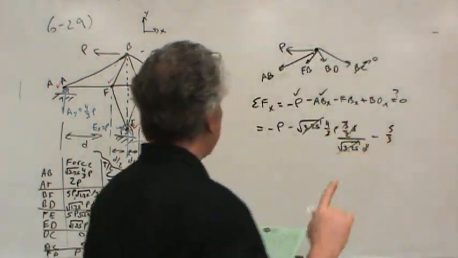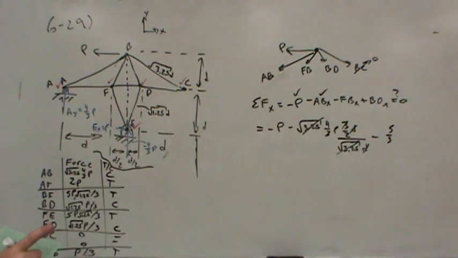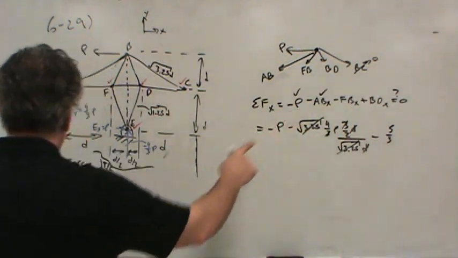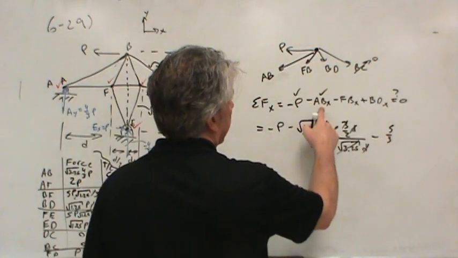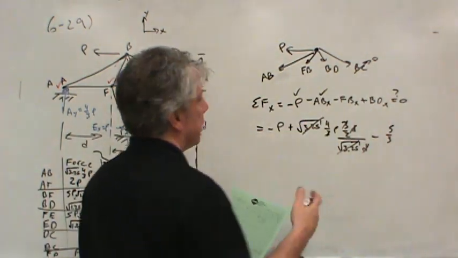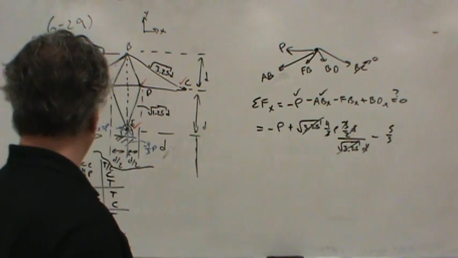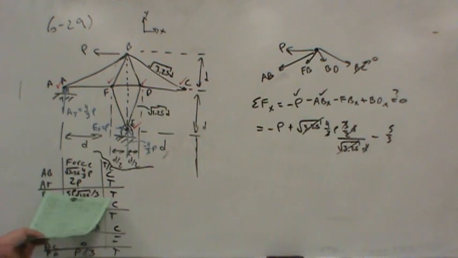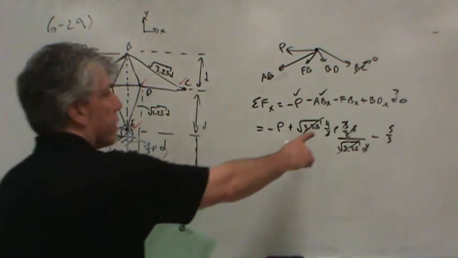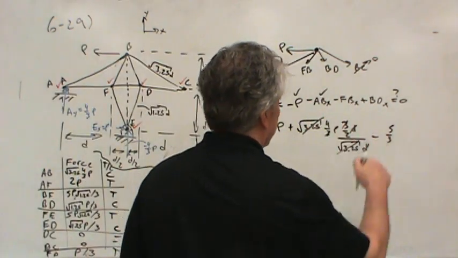I need to be careful here, though. I'm not being careful about tension and compression. Let's check AB. AB is in compression. So if I need the negative of AB, I should have plugged in negative of negative, which is positive, because AB is in compression. Let's be careful. What about FB? FB is tension, so plugging it in according to the sign in the equation is fine. I don't have to flip the sign.